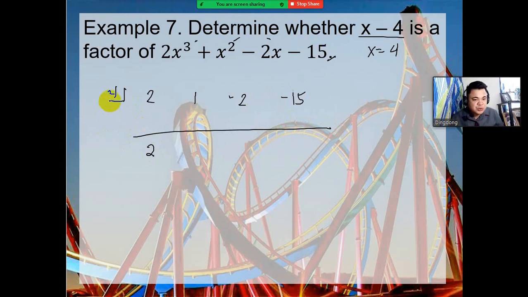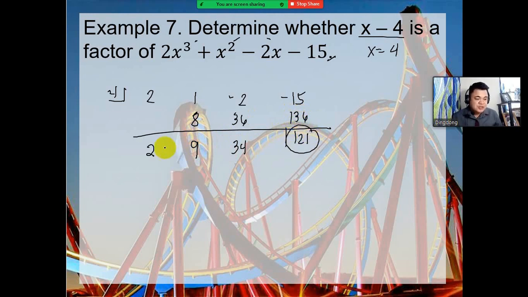2, bring down 2, times 4 is 8, plus 1 is 9, times 4 is 36. And then 36 plus negative 2 is 34. Then 34 times 4 is 136. And then plus negative 15, it's 121.